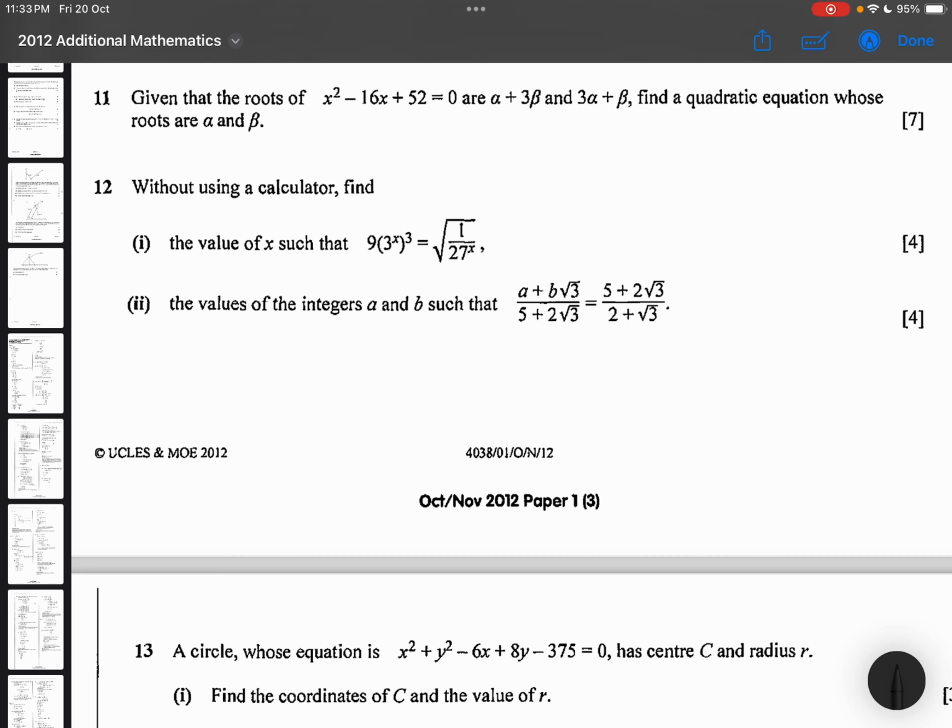We'll start with part 1, which is an indices question. We have to find the value of x such that this is equal to this. Now in this case, we have to employ the use of our laws of indices.